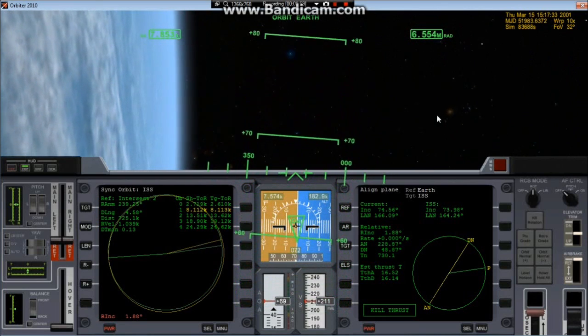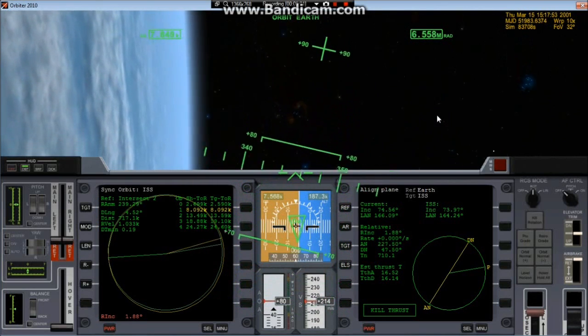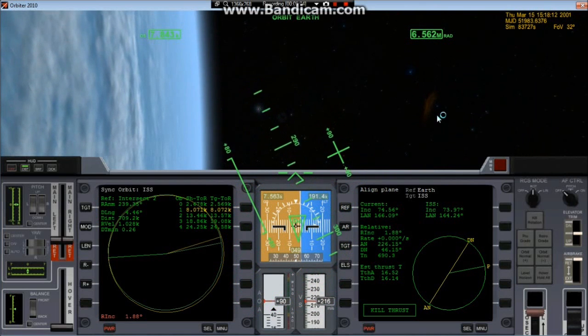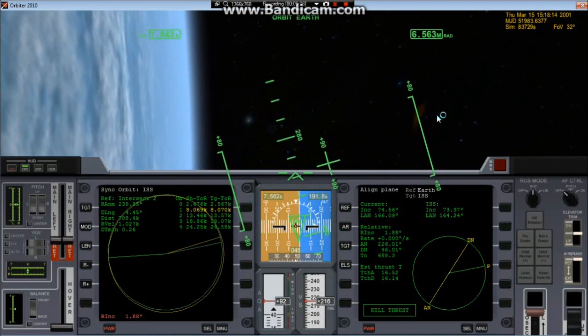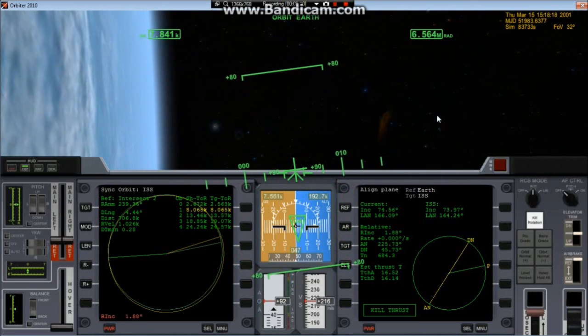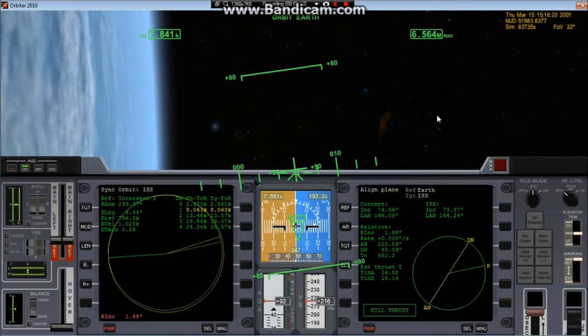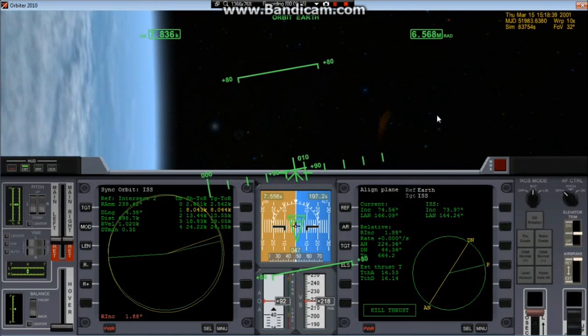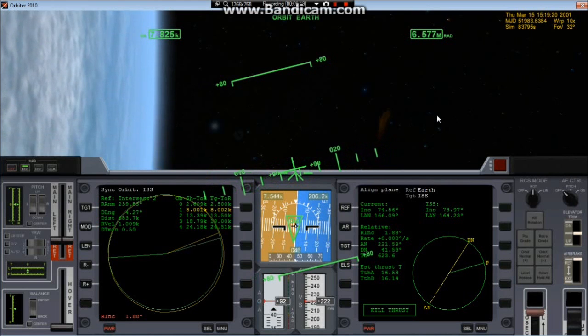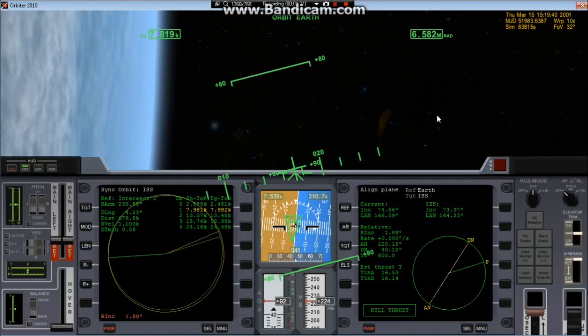Doing a slow maneuver such as this saves fuel, which is always good. So now we're approaching that. So I'm going to go ahead and temporarily kill rotation for now. And then go back to 10x, and we're going to wait until we're about 60 seconds from the orbit, and then we'll go back to 1x.